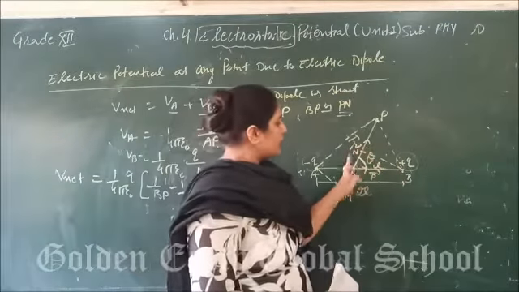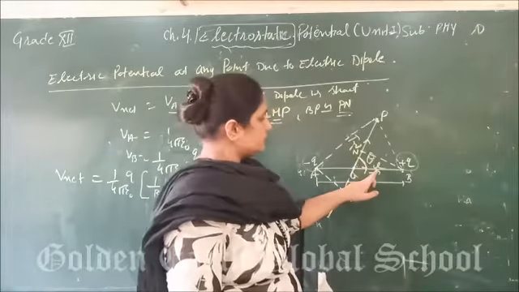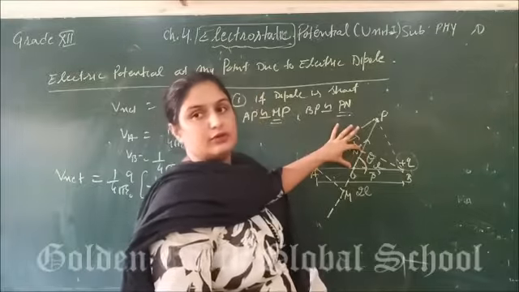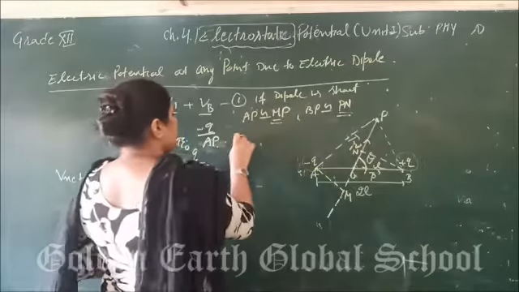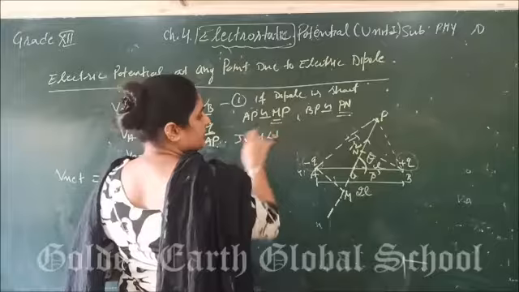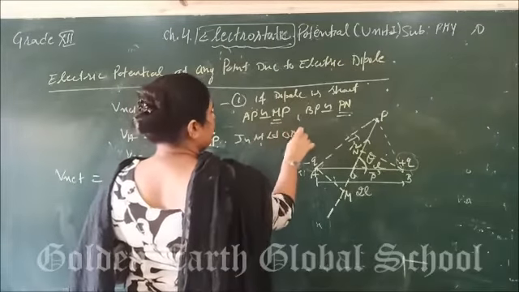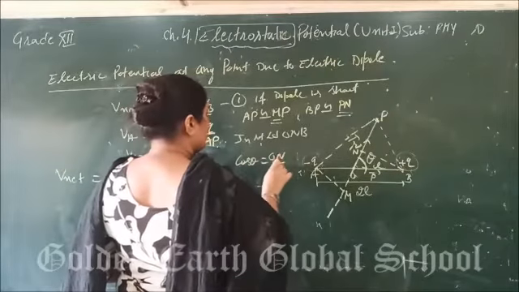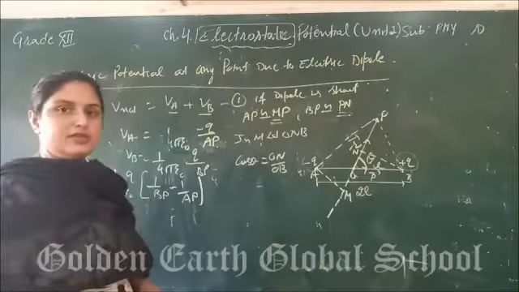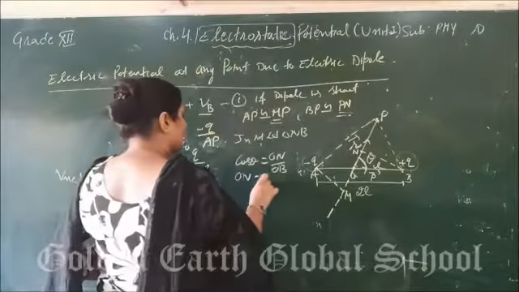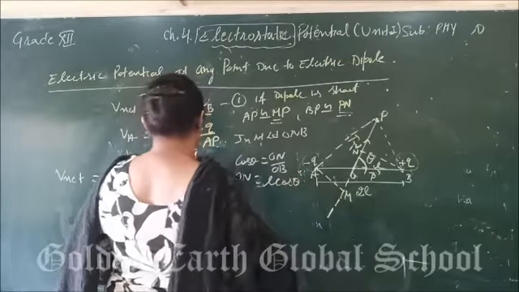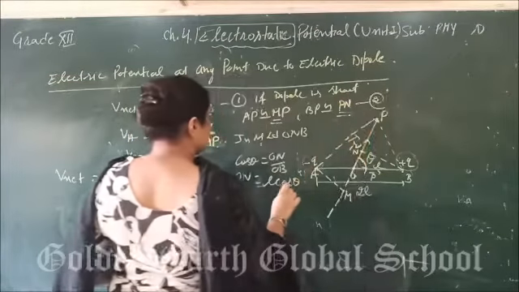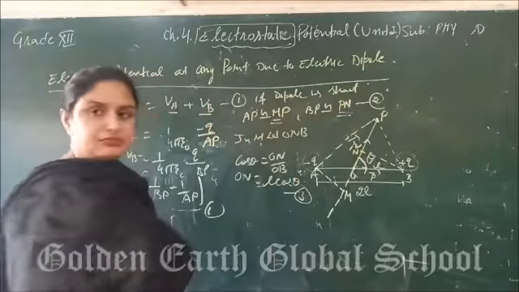In the right angle triangle, the hypotenuse is given, the angle is given, and we have to calculate the base. So in the right angle triangle ONB, cos theta will be equal to ON upon OB. OB is equal to L, so ON will be equal to L cos theta. This is equation 1, this equation 2, and this is equation 3.